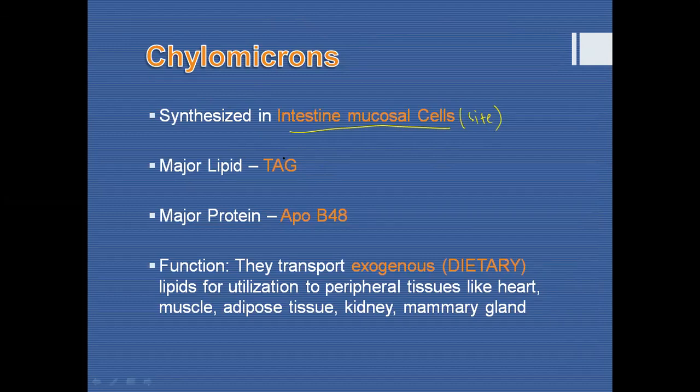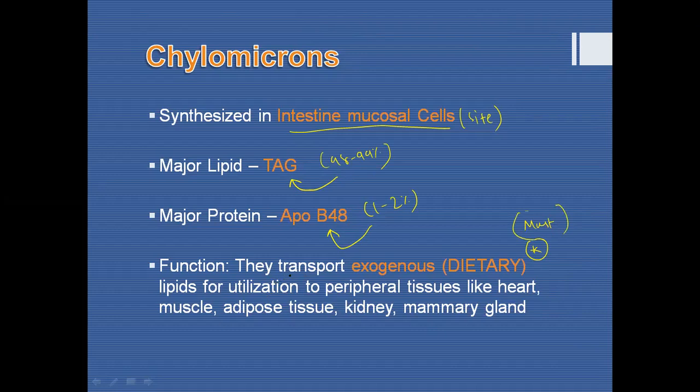As we know, it has 98 to 99% lipid in its structure, the majority of that lipid in the form of triacylglycerol, and the protein content is around 1 to 2%, and the major protein present in chylomicron is ApoB48.